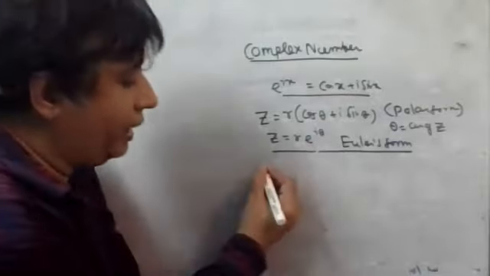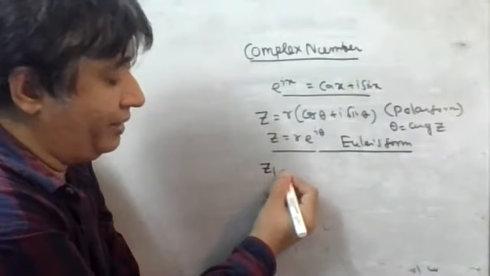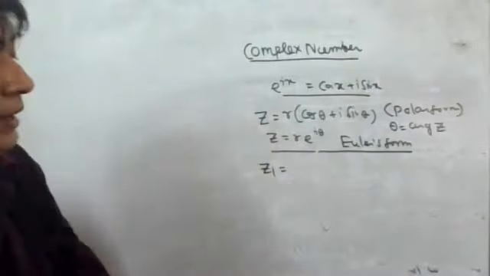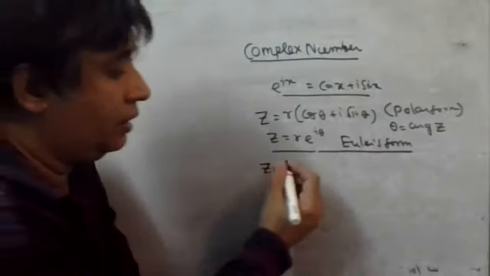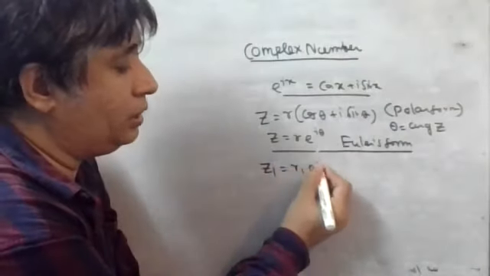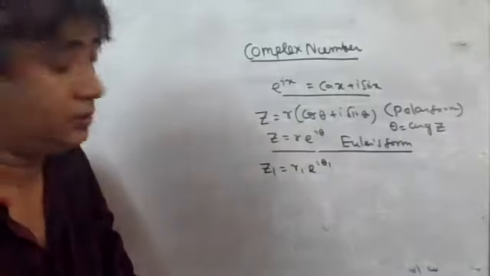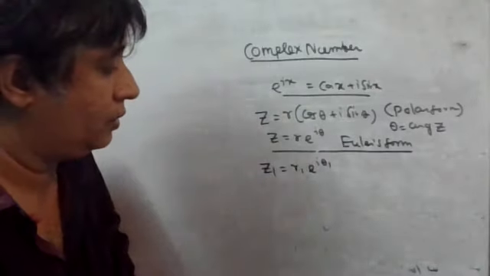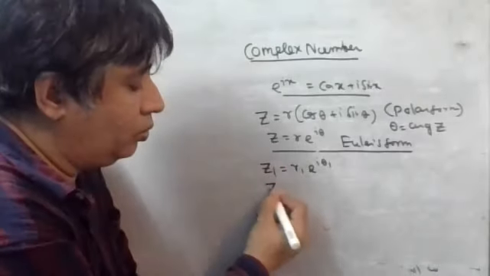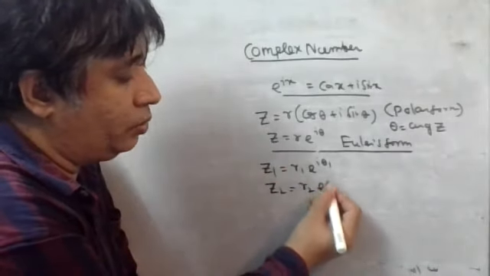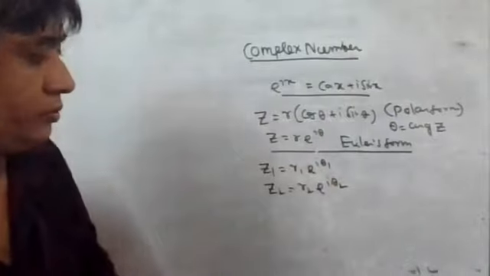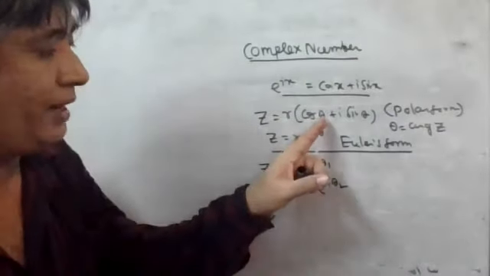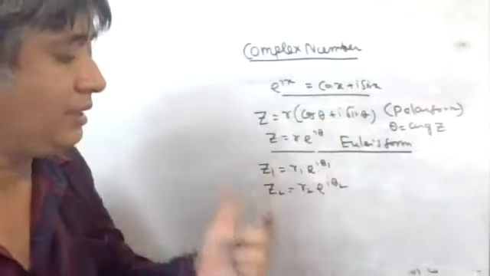So if you get two points, say z1 equals r1 e to the power i theta 1, and z2 equals r2 e to the power i theta 2, meaning one angle is theta 1 and another angle is theta 2.